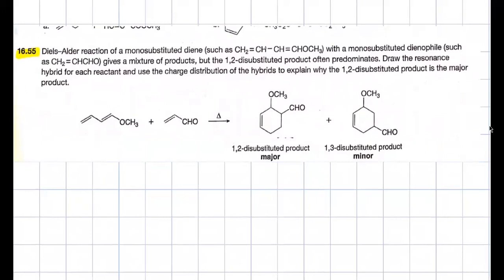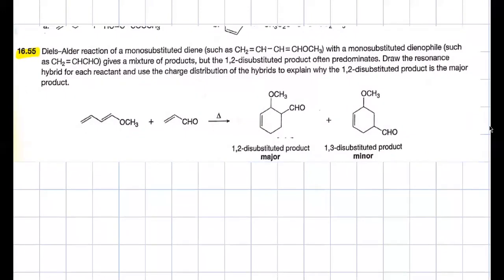Diels-Alder reaction of a mono-substituted diene with a dienophile, such as this, gives a mixture of products. Okay. Yeah.